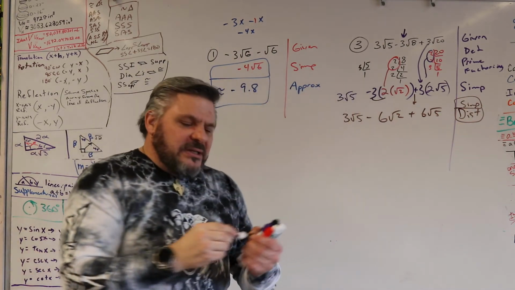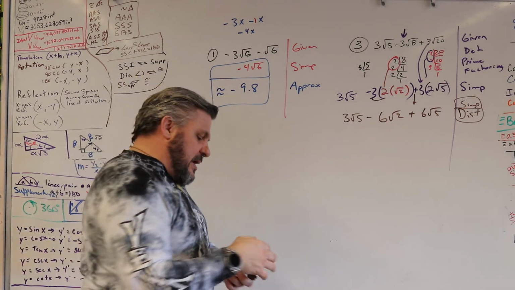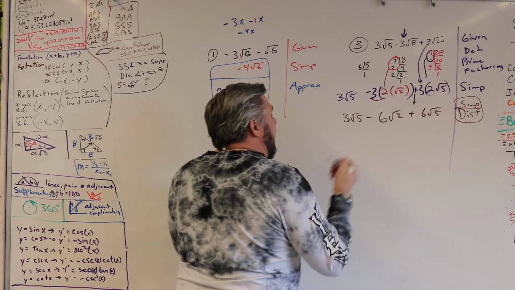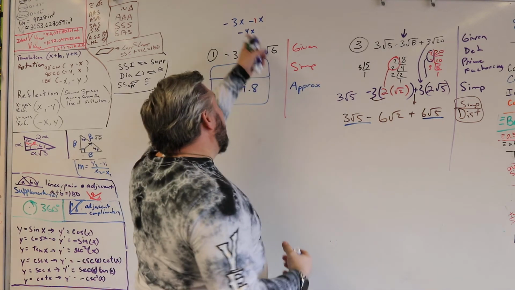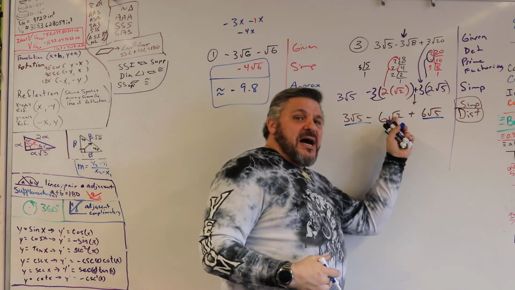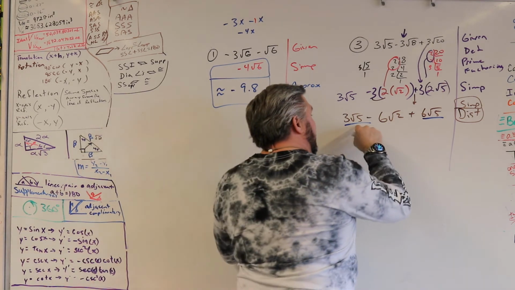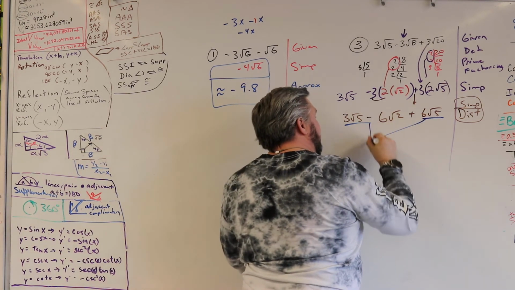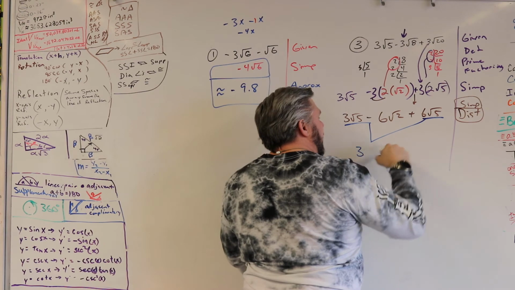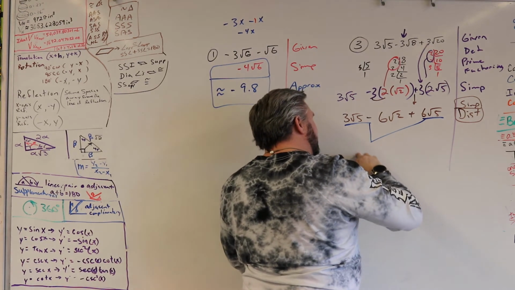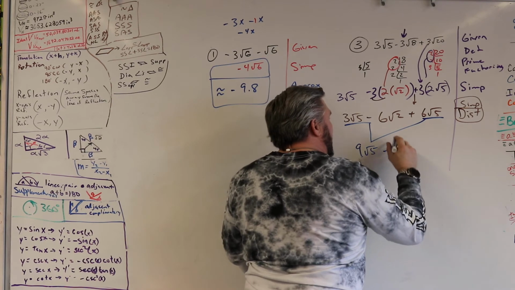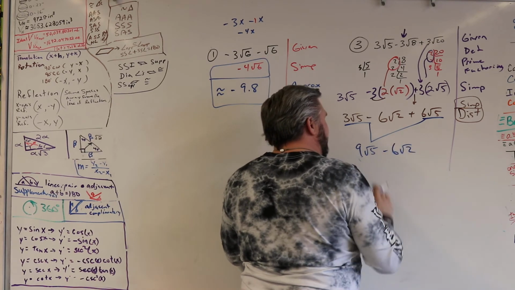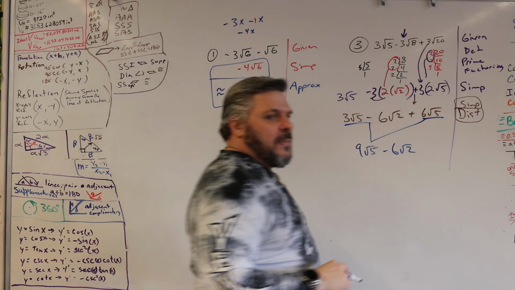Either way is okay with me, okay? Then what do we do? We collect like terms, okay? Collect like terms. What is like? So just like the x's, this would be like x and y, all right? So these go together. So we got 3 plus 6 is 9 square roots of 5, right? Minus 6 square roots of 2. Okay?